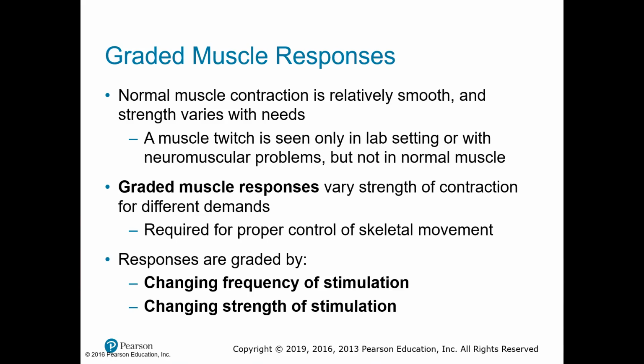Consider picking up a 1-pound bag or a 10-pound bag of potatoes. Are you going to use more muscle cells for the 10-pound bag? Of course you are. You're going to vary your response based on the need. If you go to pick up a piece of paper off the floor, you're going to use fewer muscle cells than when you pick up something very heavy.